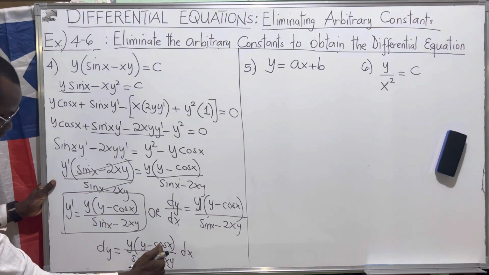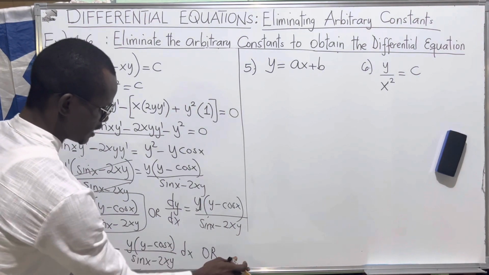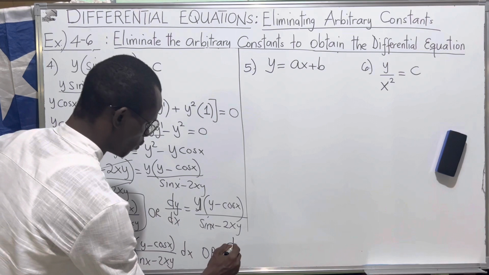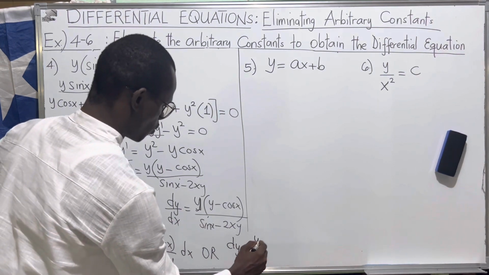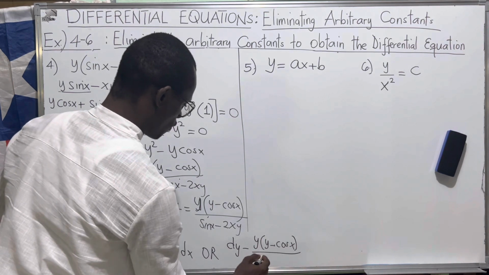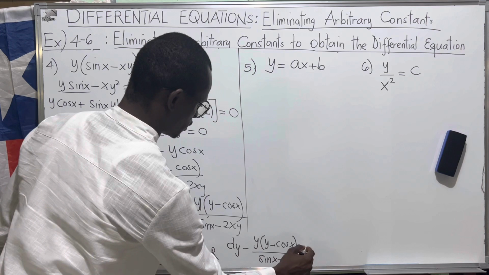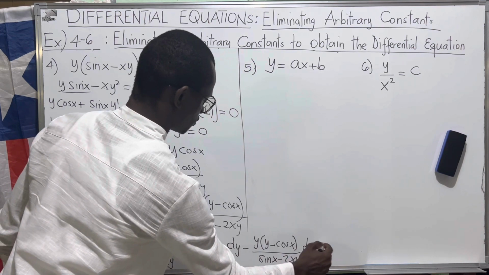You can also decide to send this entire term across the equal sign. So if you send that entire term across the equal sign, you will have dy minus (y minus cos of x) all over sine of x minus 2xy times dx equals 0.